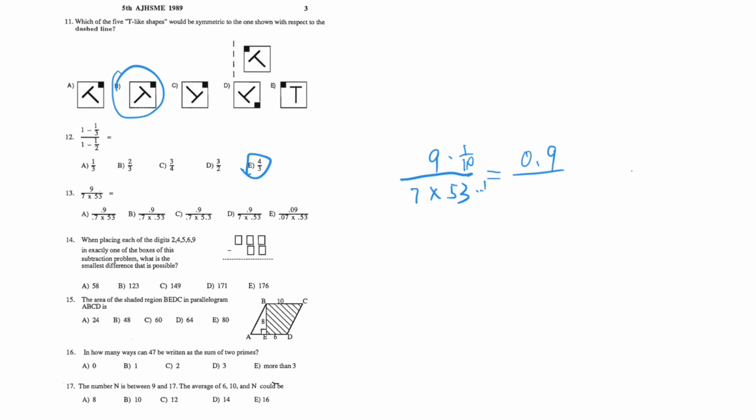Same thing, the numerator must times 1/10. The denominator must have the 1 decimal places. For the A, we can use the 7/10 times 53. That's the 0.9 over 0.7 times 53. So it's our answer.